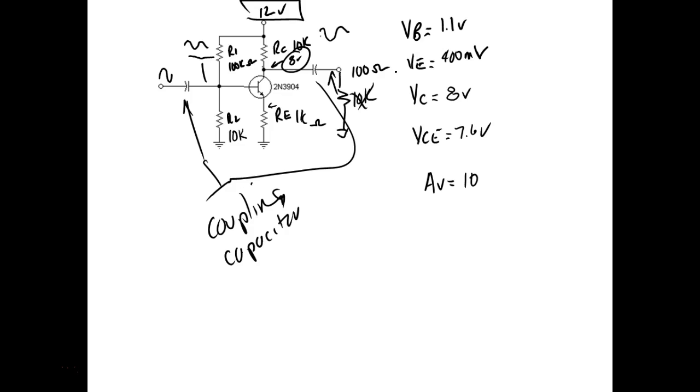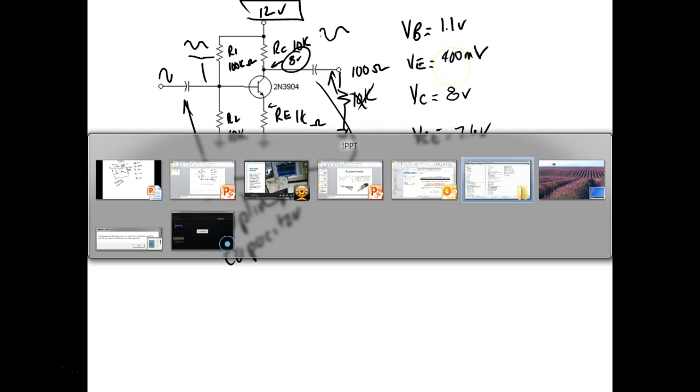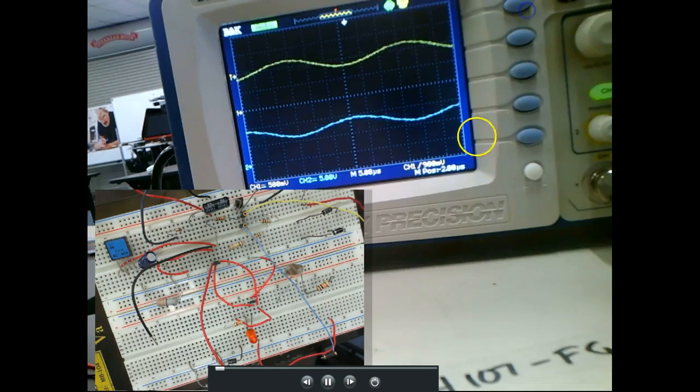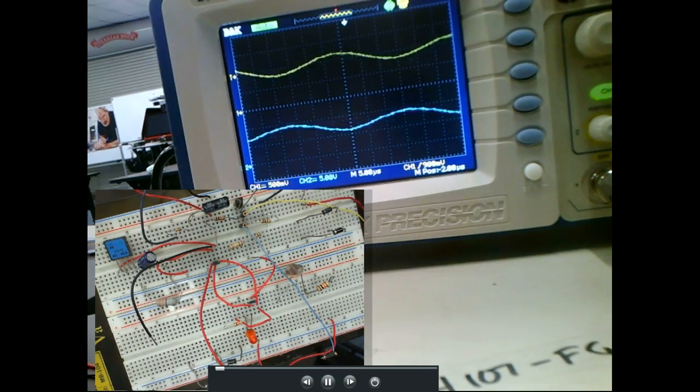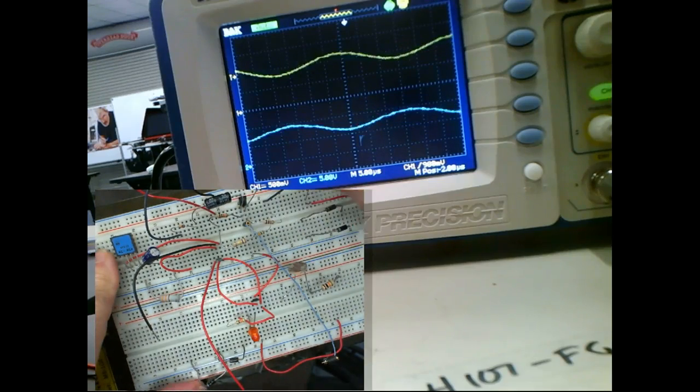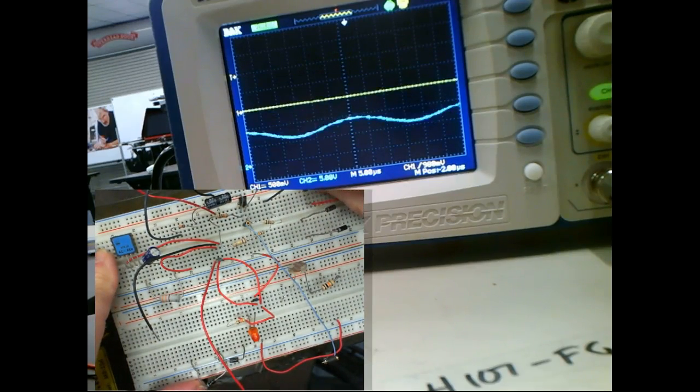Are we okay? So let's go over here and we'll switch over, and then I'm going to move over on the other side of the capacitor. So I'm going to take my input and put it on the input side of the capacitor.